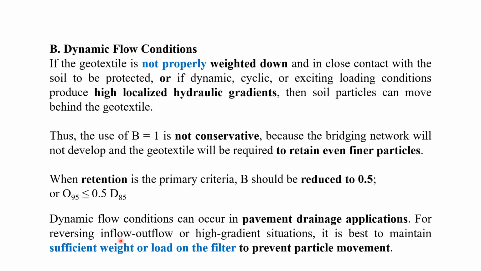For reversing inflow, outflow or high gradient situations, it is best to maintain sufficient weight or load on the filter to prevent particle movement. That's why it is written, if the geotextile is not properly weighted down, that means we have to use sufficient weight on the geotextile filter, right?